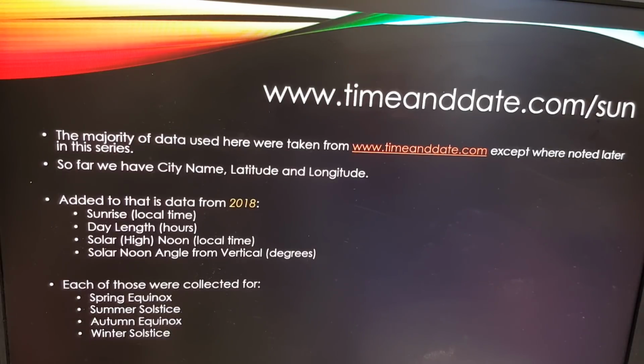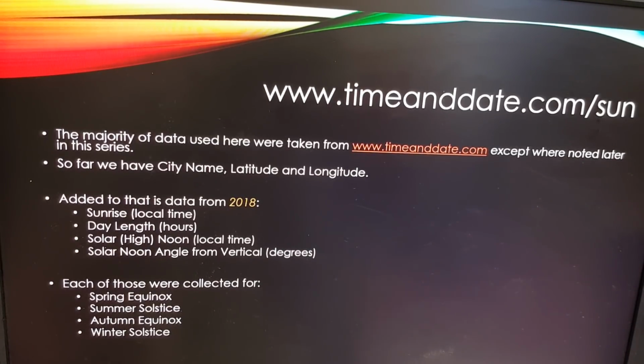So then from timeanddate.com, I took data for sunrise, the local time, for day length in hours, for solar or high noon local time, and the solar noon angle from vertical, which is in degrees.